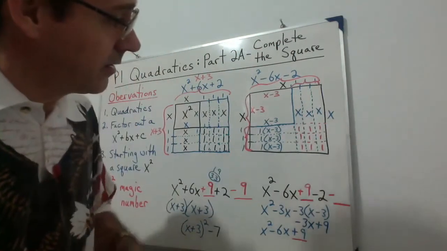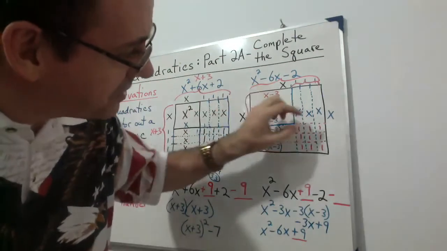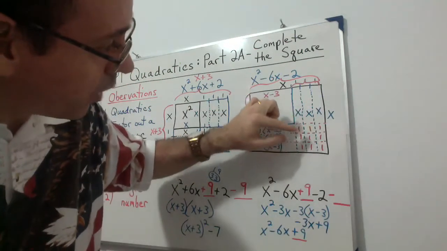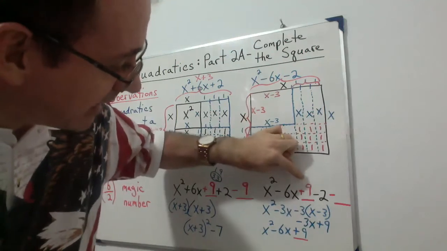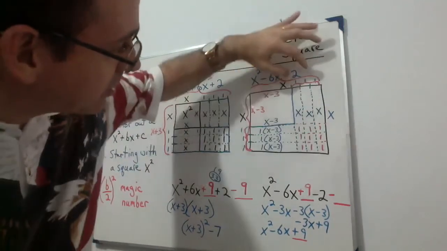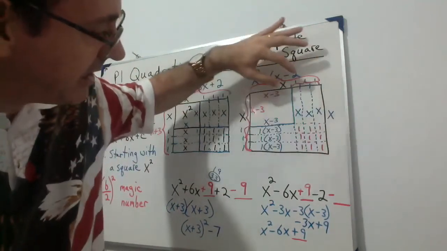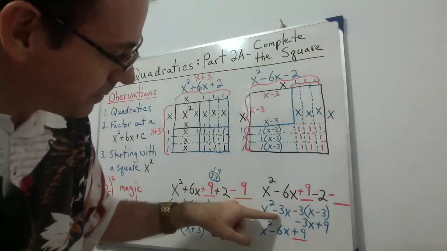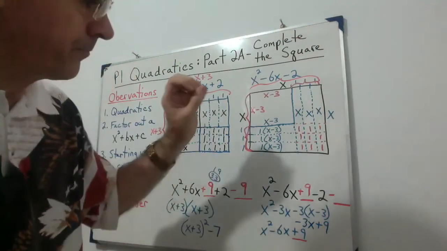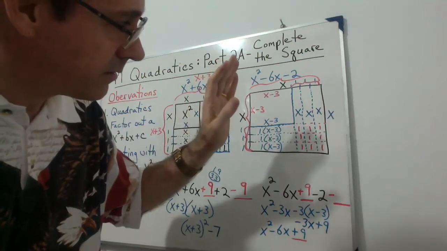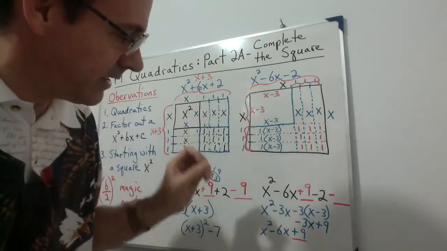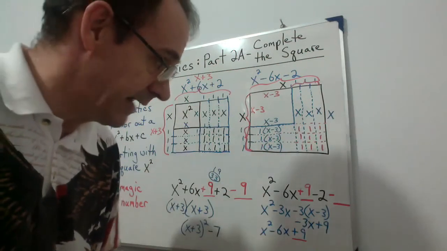Now, this plus 9 is already included in this section here. So when we took out the minus 3x, that plus 9 is already included in that.